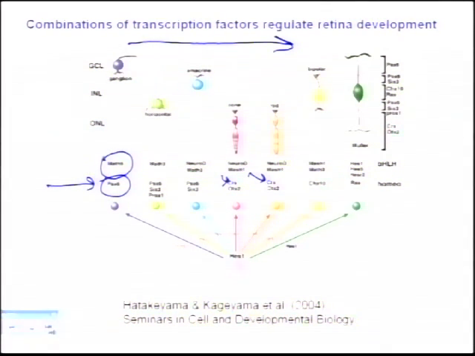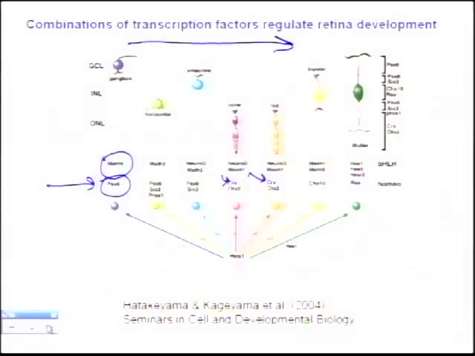Now, how do these different transcription factors come to be expressed in these different cell types? Well, that's a real key question, and nobody really knows the answer. There's a lot of work going on in the field trying to understand how the transcription factors get turned on in these progenitor cells to then go ahead and make the specific cell types.